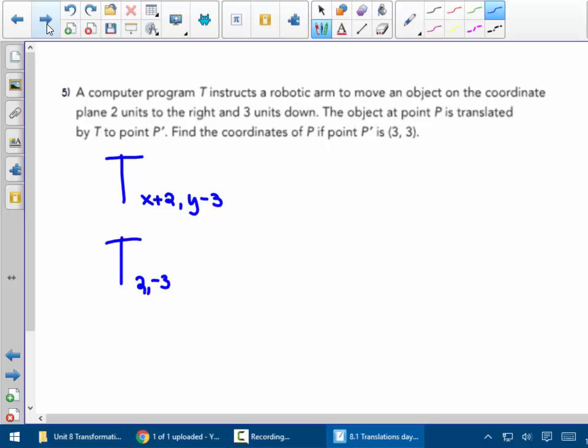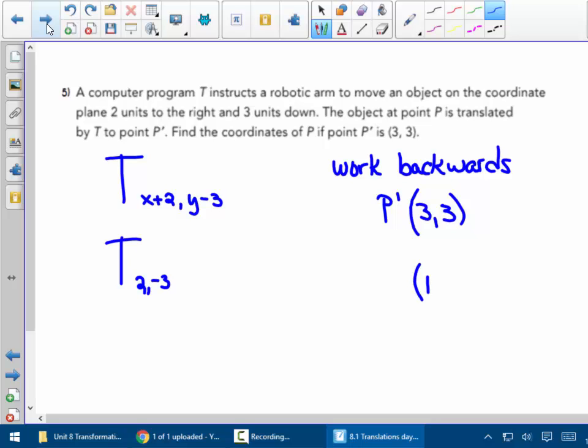So P prime has already undergone adding 2 and subtracting 3. So you got to work backwards here. Because this is P's image, and it already had the 2 added, so I could subtract 2 to get the x value, which would give me 1, and I would add 3, which would give me 3 plus 3, which would give me 6, my new y value.